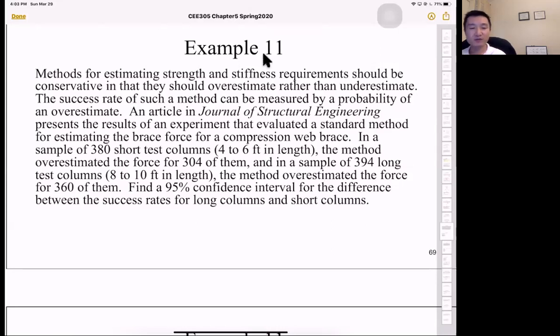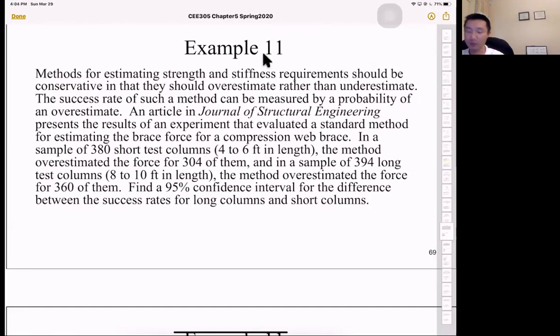The success rate of such a method can be measured by the probability of overestimate. An article in a certain journal presented the result of an experiment that evaluated a standard method for estimating the brace force for compression web brace.